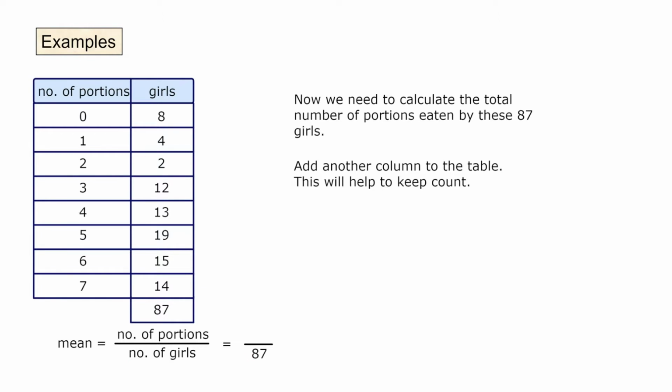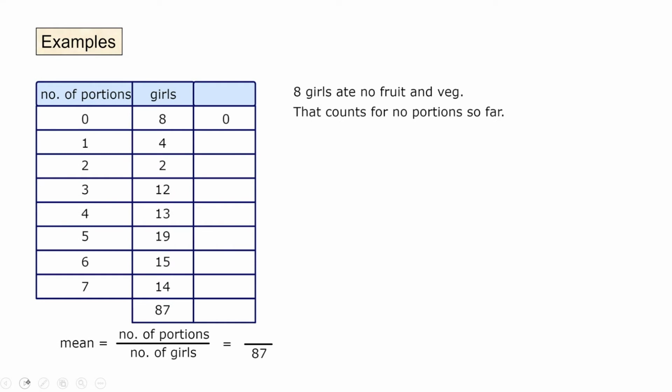Now we need to calculate the total number of portions eaten by these 87 girls. The way that we do that is, first of all, to add another column to the table, which can help us. You had 8 girls that had no portions, so 8 lots of 0 would be 0.